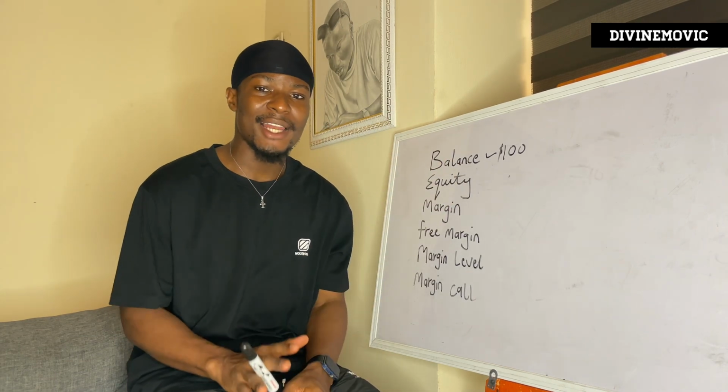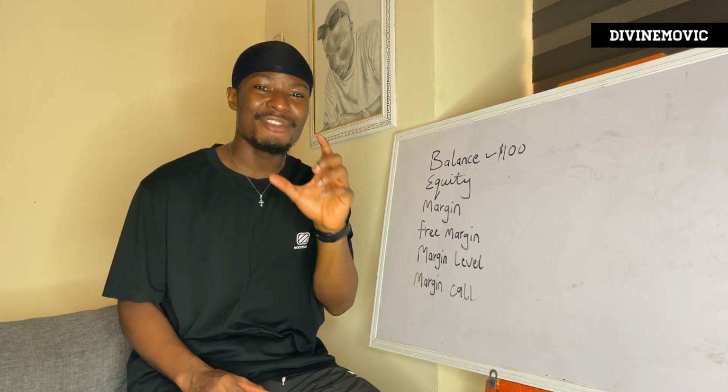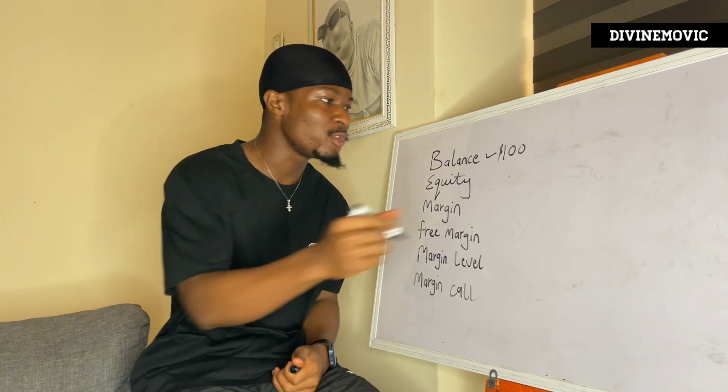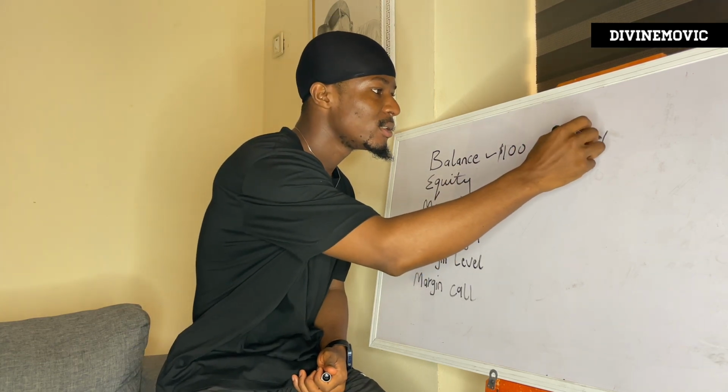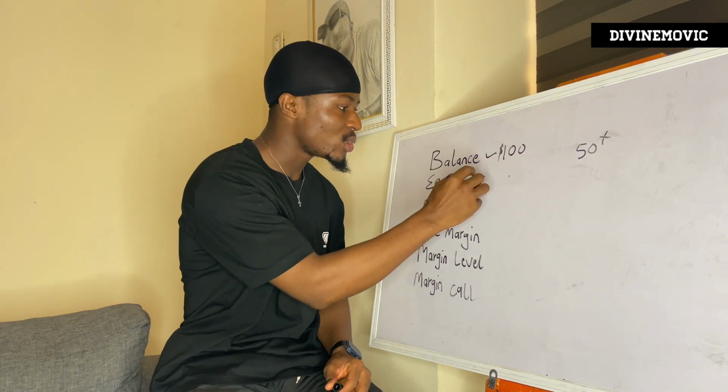Now, equity is basically a temporary account balance that changes over time, so long as you have a running trade. Let's say you have a running trade with a profit of $50. Your equity is simply your balance plus this $50, which is $150.